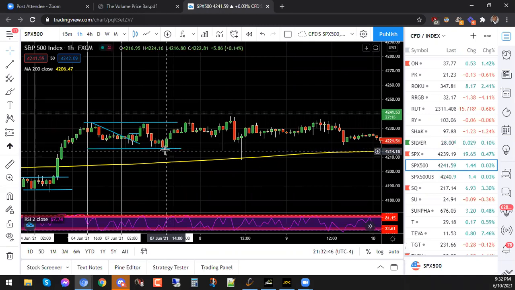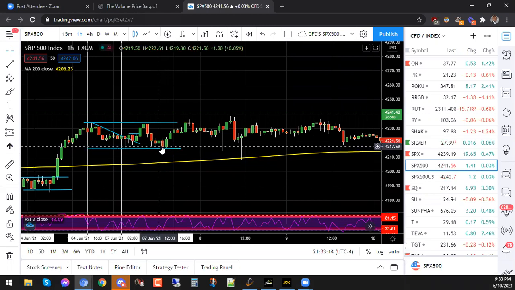So here you can see this correction ended, and the time now shows it's like 1 o'clock, right? So generally, we want to get out of the market around midday. In some cases, we could get another move towards the end of the day, but generally, we want to get out of the market around 12 p.m. Eastern Standard.